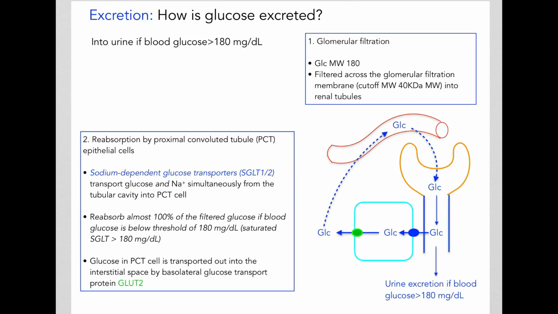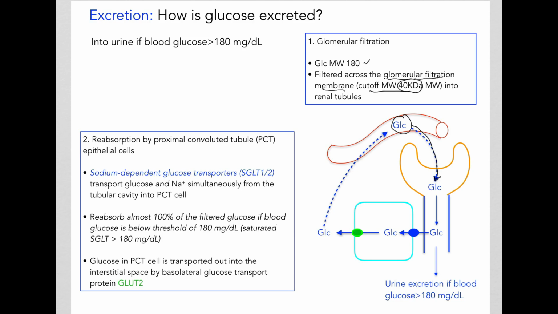Now, glucose is a small molecule, molecular weight only about 180. So this glucose in your bloodstream, all of it, as it travels through the kidneys, it will be filtered by the glomerular filtration membrane, because the cutoff of this membrane is about 40,000.